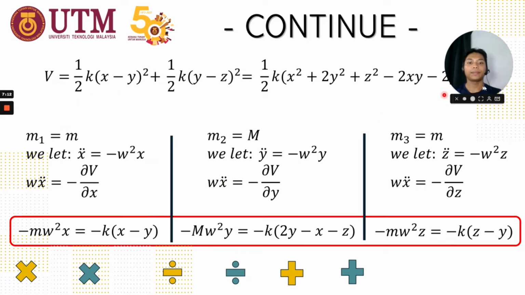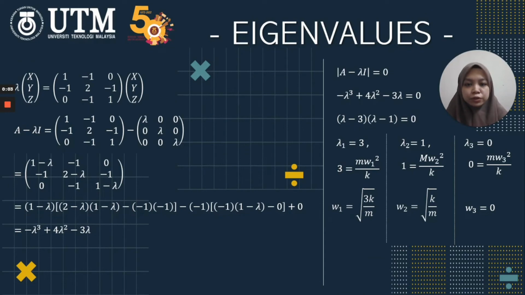Next, to find the eigenvalues, we use the formula A minus lambda times the identity matrix, which is 1 0 0, 0 1 0, 0 0 1. The matrix A is 1 negative 1 0, negative 1 2 negative 1, 0 negative 1 1. When we multiply lambda with the identity matrix, we get lambda 0 0, 0 lambda 0, 0 0 lambda. Then we subtract these two matrices, and we get the equation equal to negative lambda cubed plus 4 lambda squared minus 3 lambda.